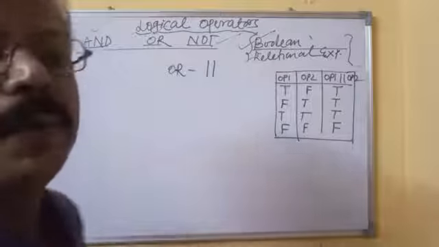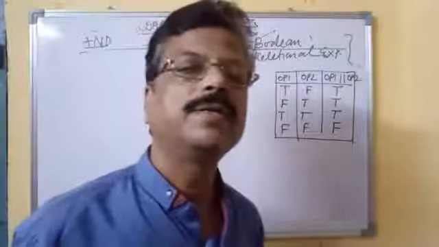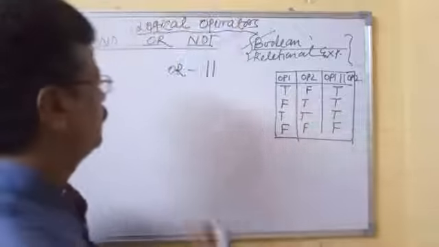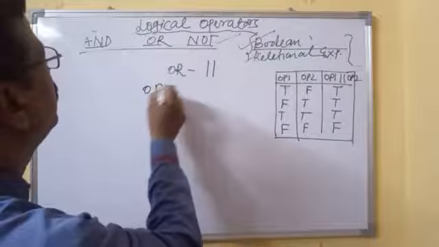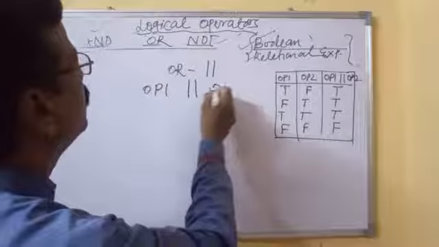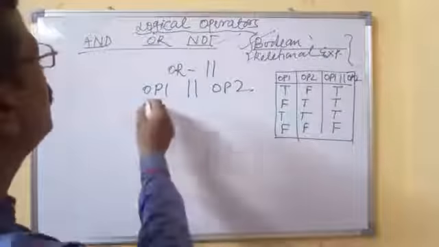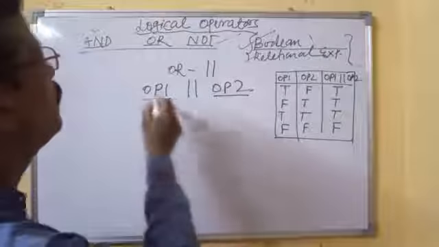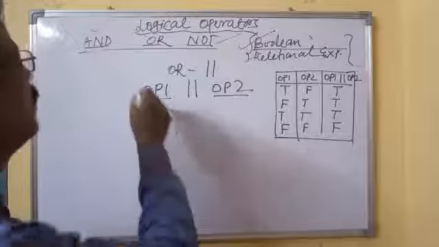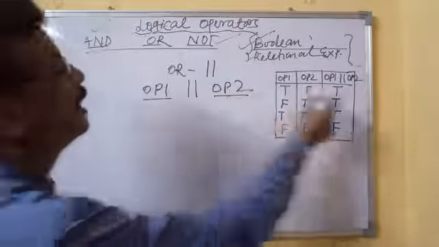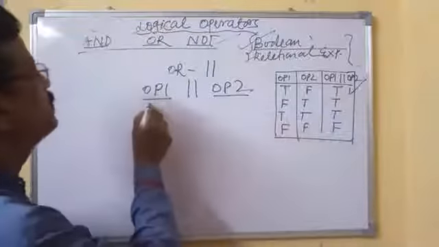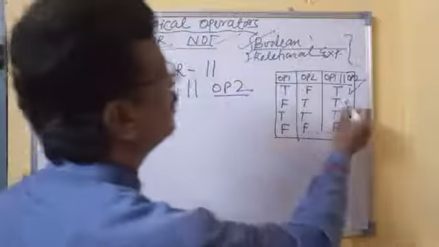This is also a binary operator and we write it in infix notation. So how to write it? OP1 OR OP2, like this you have to write. OP1 and OP2 mean operand 1 and operand 2. If this one is true and this one is false, the answer is true. If this one is false and this one is true, then the answer is true.